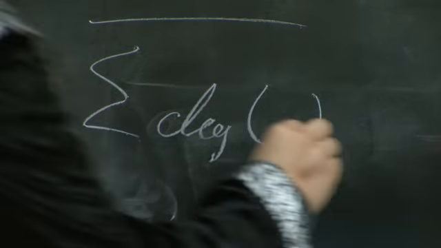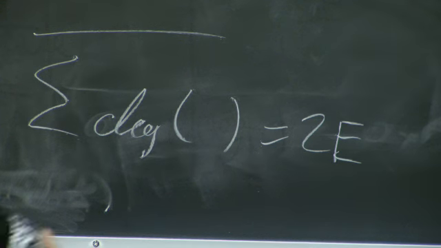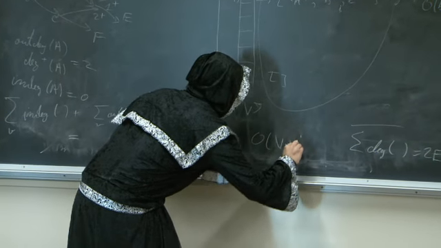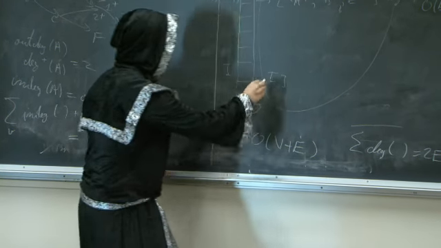We learned about this, right? Handshaking lemma, 2E. So what is the total cost for storing this data structure? V plus E, assuming empty lists.